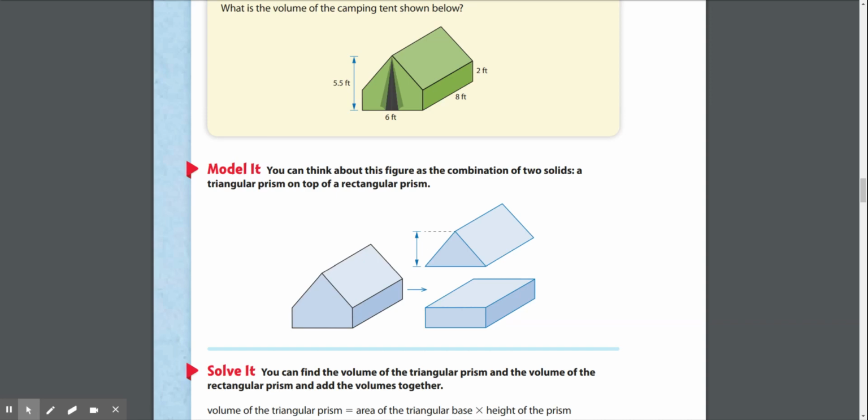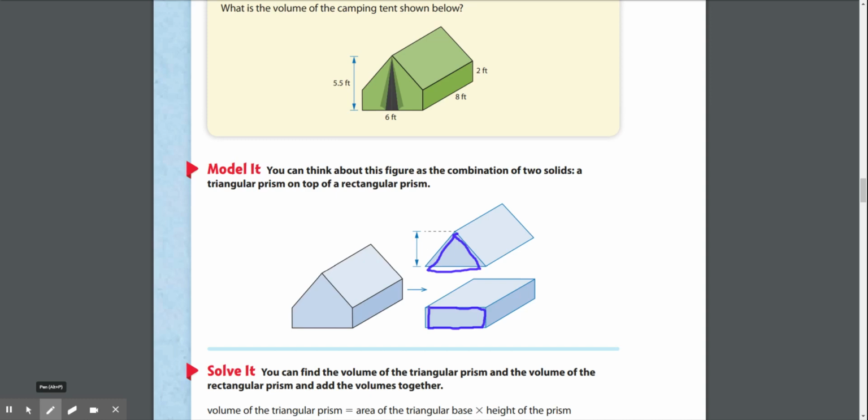A triangular prism, and we know that it's triangular because it's a triangle at one end, and the other one is a rectangular prism because it's a rectangle at one end. And as we all know, the polygon is always the base.